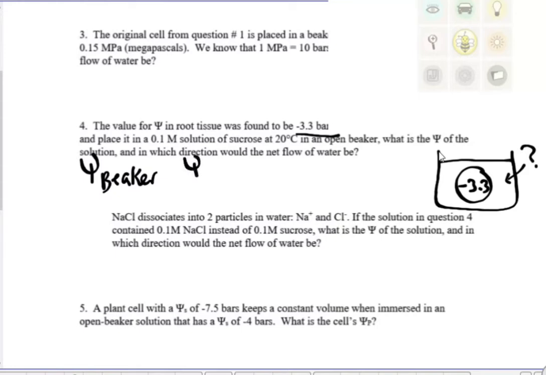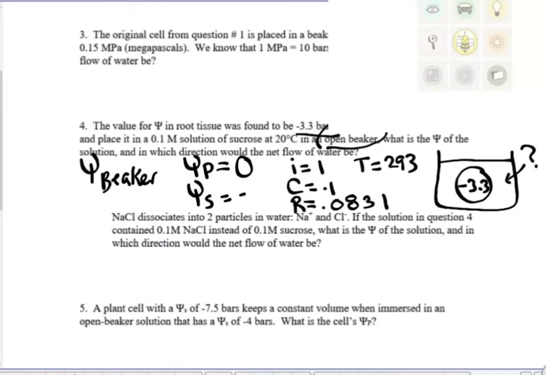Just to reiterate, my pressure potential is 0 because it's an open container, and then I'm going to use the values I've been given, the 0.1 molar and the 20 Celsius, to calculate my solute potential. Here again, I'm writing my solute potential equals the negative so that I don't forget to make it negative, and then I'm going to plug in all those numbers that were given to me. Multiply that together to get your water potential.